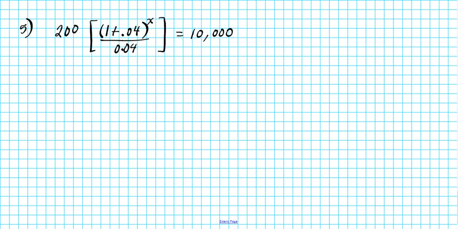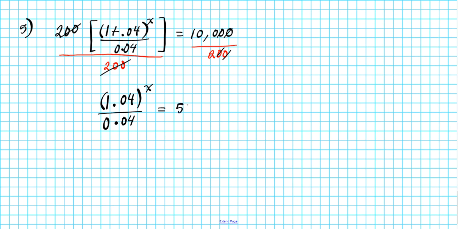So if I divide by 200 on both sides, on the left side we have some cancellation action happening. 1 plus 0.04 is 1.04 raised to the x power divided by 0.04. On the right side, we have 10,000 divided by 200. We can divide out the zeros. 100 divided by 2 is 50.